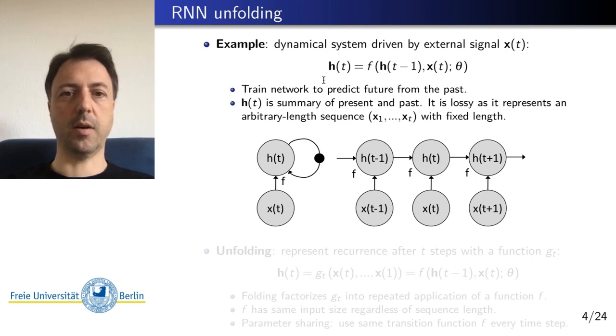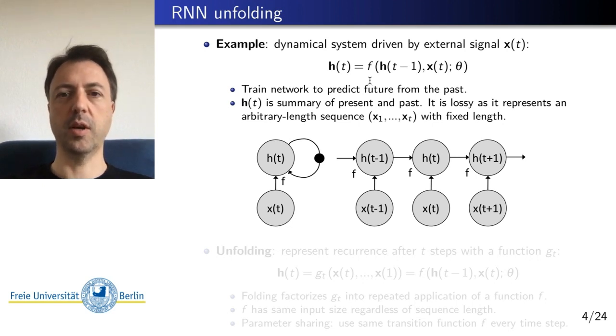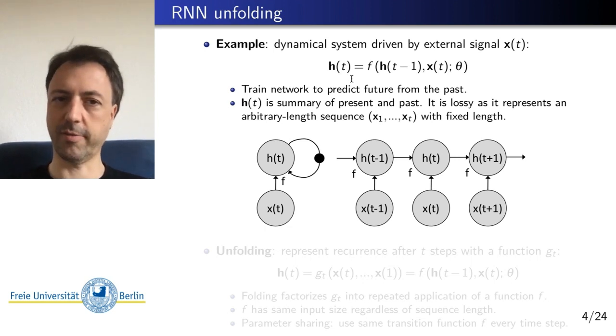And let's say our learning model, or the model that we use in order to model the evolution of x, is as follows. So we have a variable h, which encodes our collected knowledge of present and past. So it's some sort of hidden variable, which is some summary statistics, if you like.